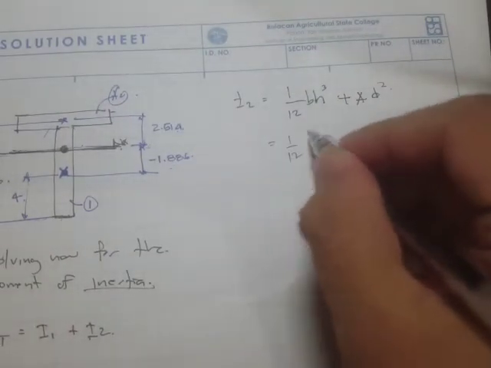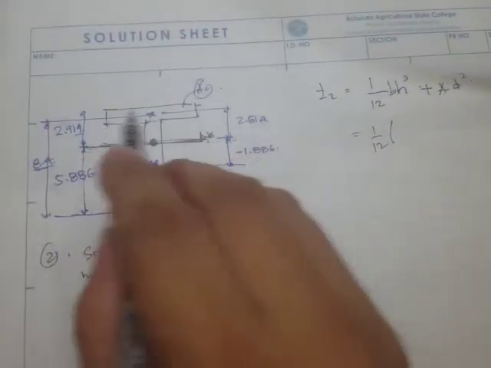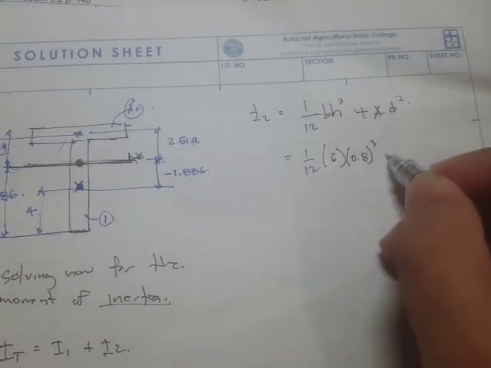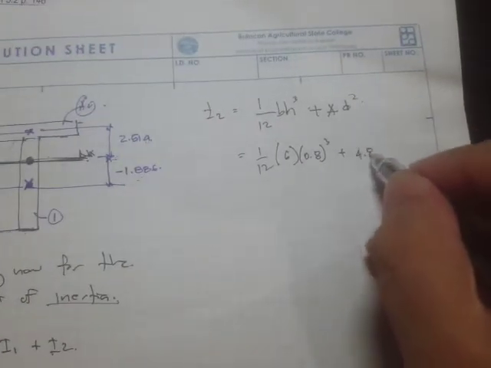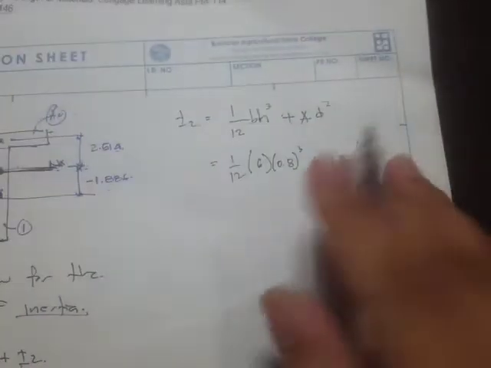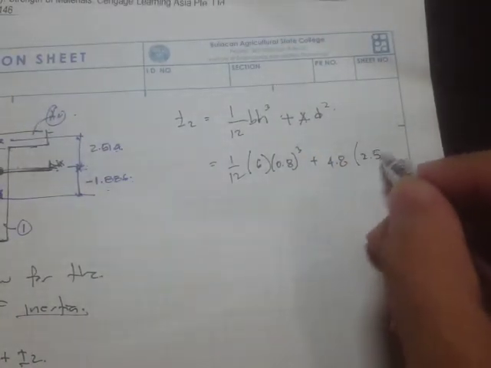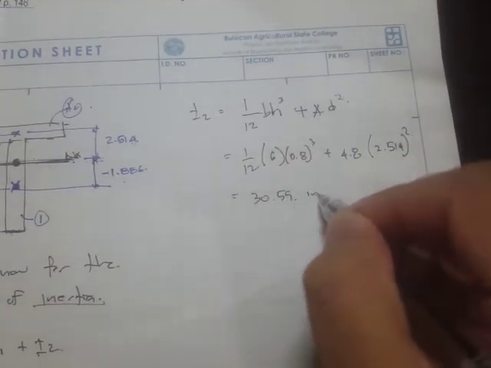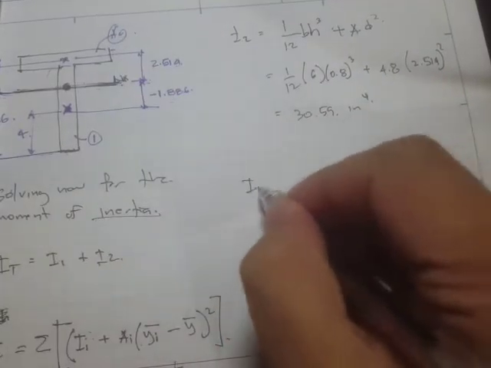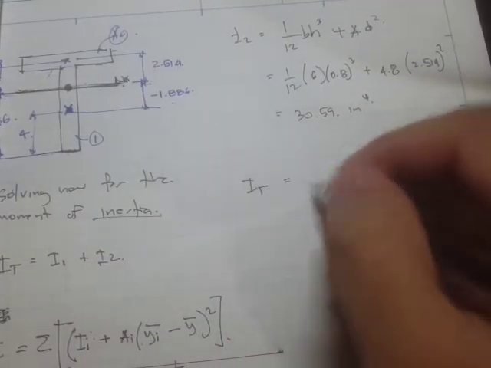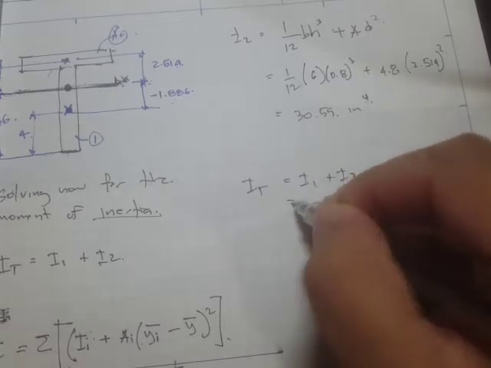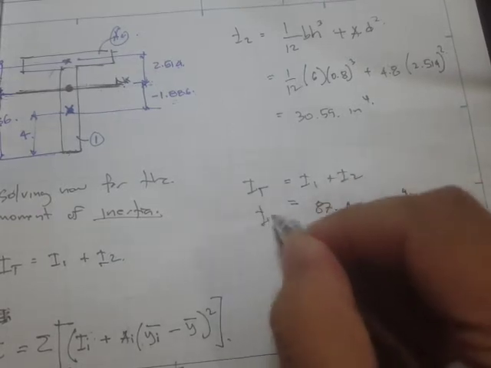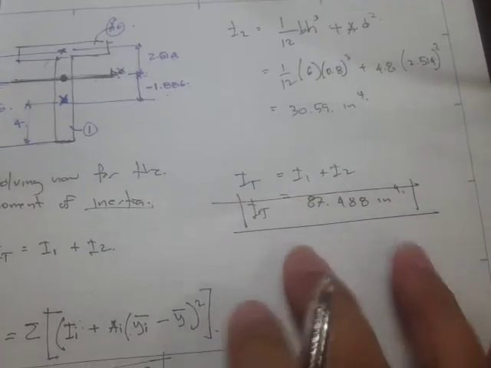So 1 over 12 times the base, this base, that's 6 times 0.8 cubed, plus the area of 4.8, that's the cross-sectional area, and the distance of 2.514 squared. This one is 30.59 inches to the fourth. Therefore, the total moment of inertia is I sub 1 plus I sub 2, which is 87.488 inches to the fourth. So here's our total moment of inertia.